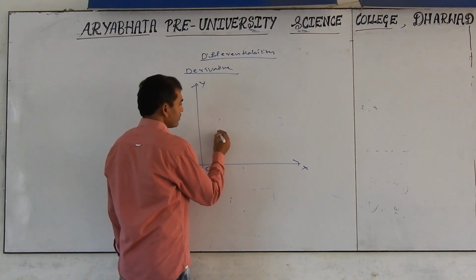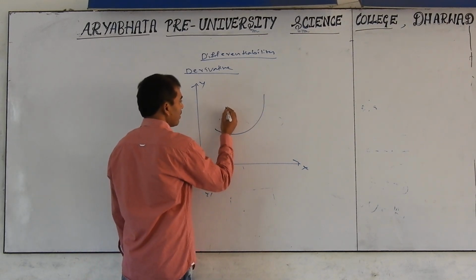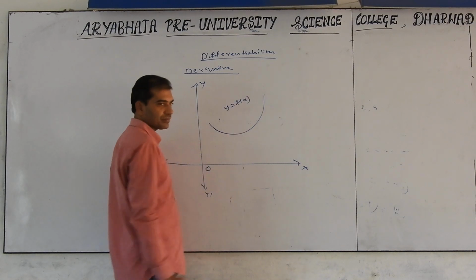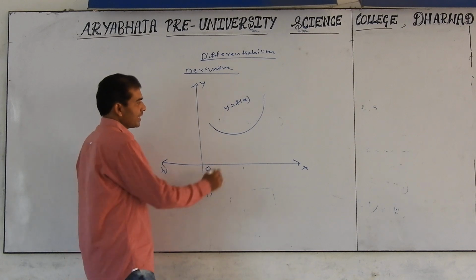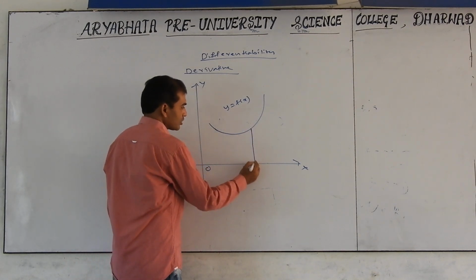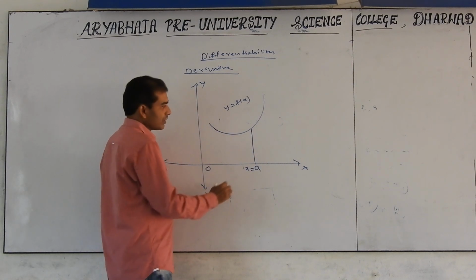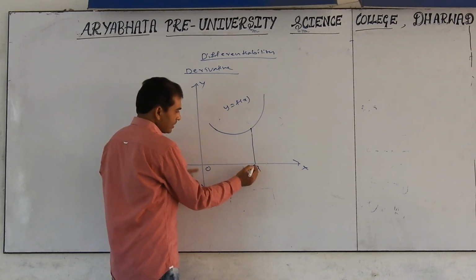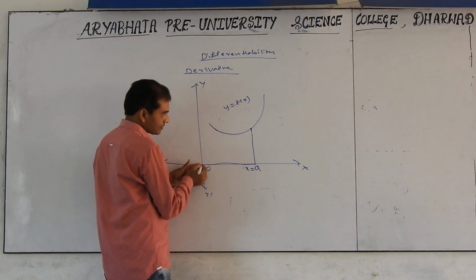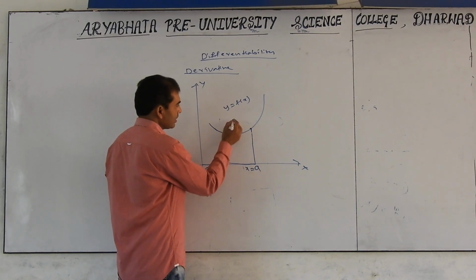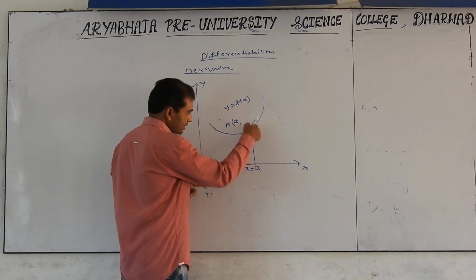Let this be the graph of y equal to f of x. At x equal to a is the point. Tell me, this length is a. This is a point named A. What about this length?